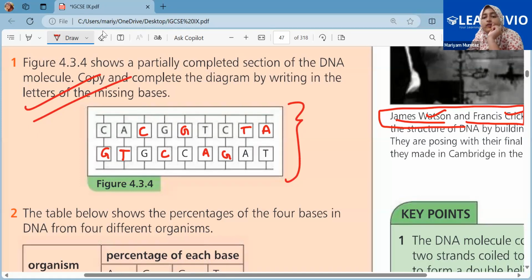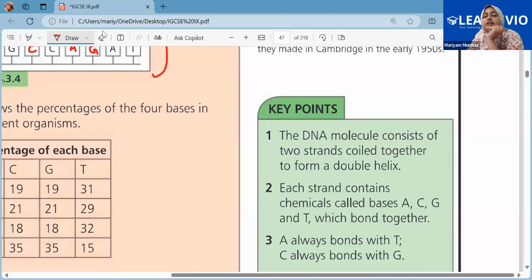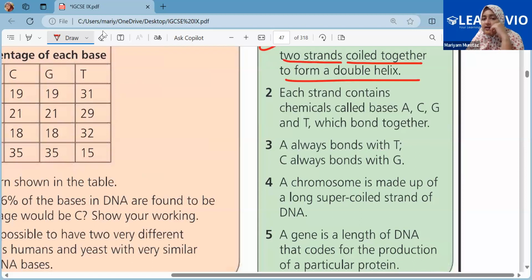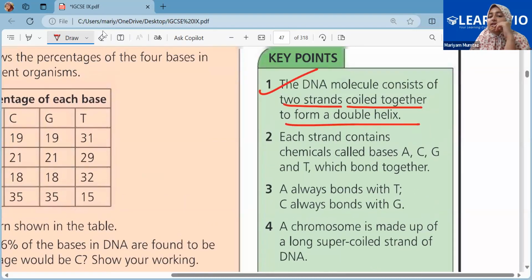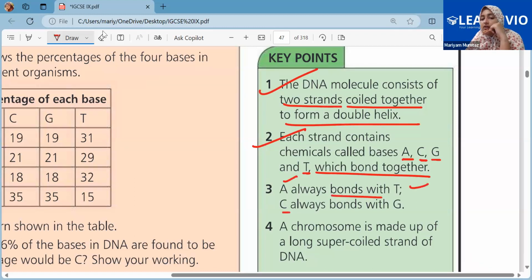Okay. Now let us look at certain key points. The DNA molecule consists of two strands coiled together to form a double helix. Each strand contains the chemical bases adenine, cytosine, guanine, and thymine, which bond together. A always bonds with T, C always bonds with G, and vice versa.